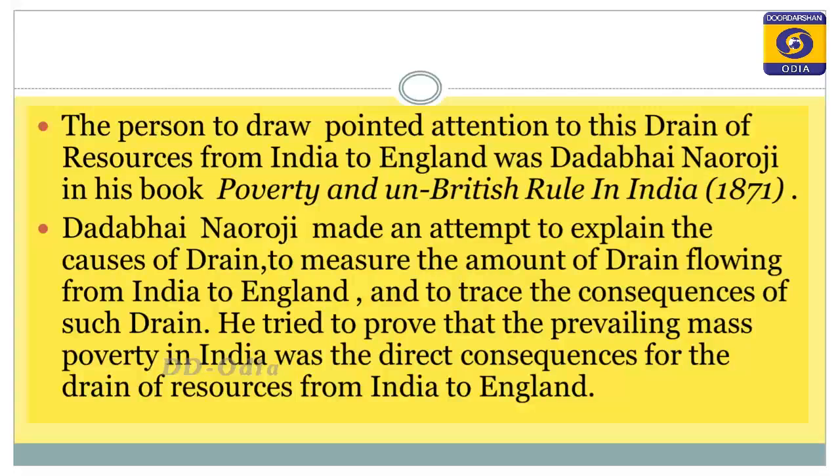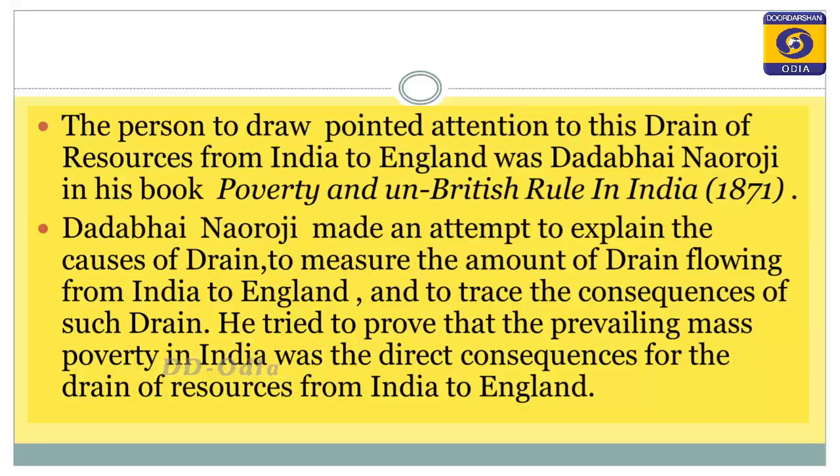The person to draw pointed attention to this drain of resources from India to England was Dadabhai Naoroji in his book Poverty and Un-British Rule in India in 1871. He popularized the drain of wealth theory, and he made an attempt to explain the causes of the drain, to measure the amount of drain flowing from India to England, and to trace the consequences of such drain.